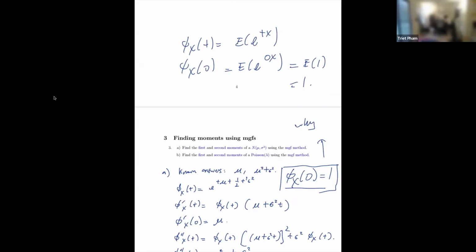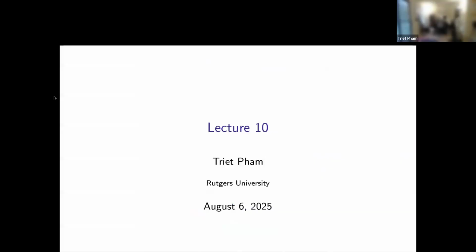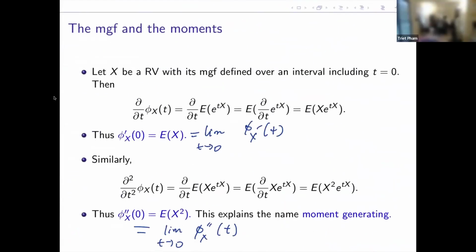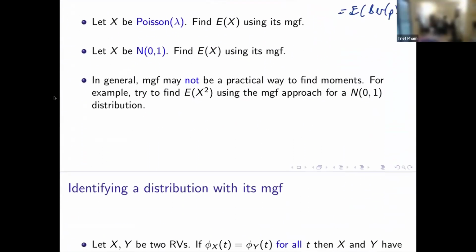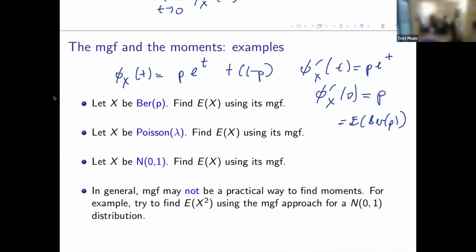All right. So basically that demonstrates the moment generating function's name, meaning that you can just keep on doing this to find the moments. Now, it may be okay. I don't know.